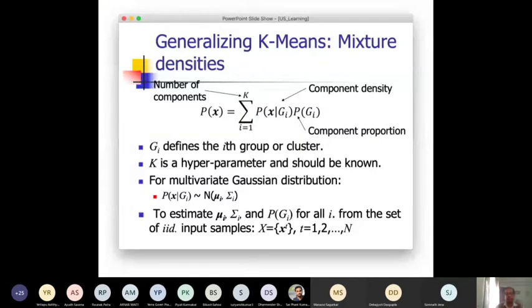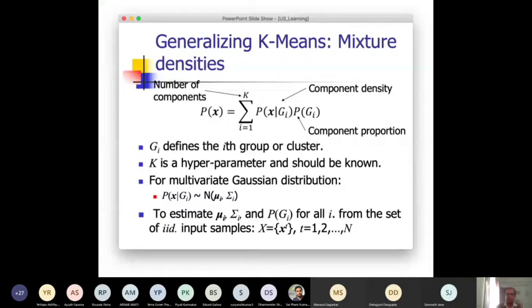The problem statement here is that if I give you the input data set, a set of input data samples, which is represented here by x superscript t, how do you estimate the parameters which best represent the probability density function that could be derived from this data set itself?